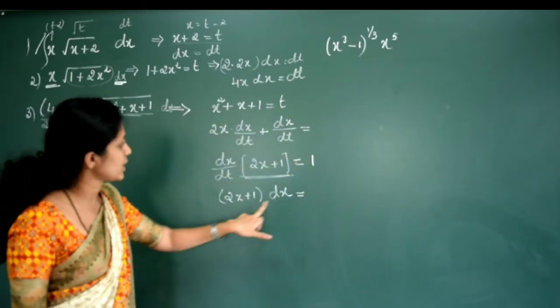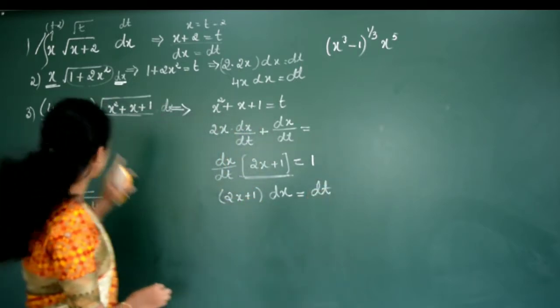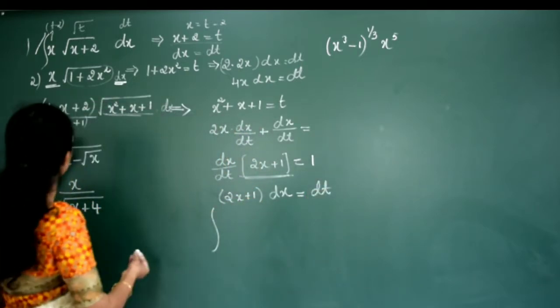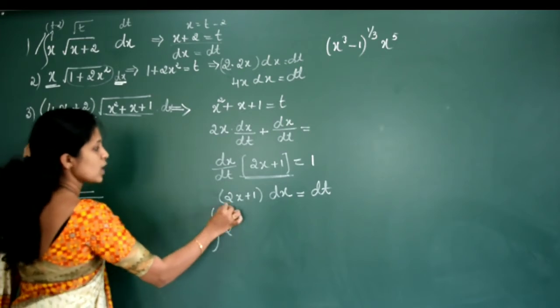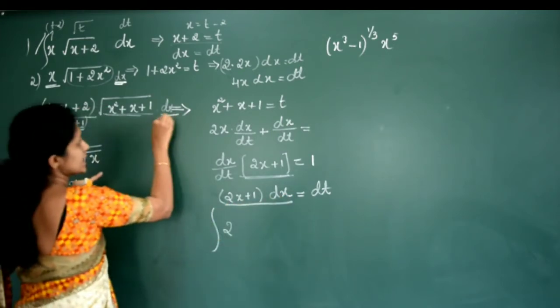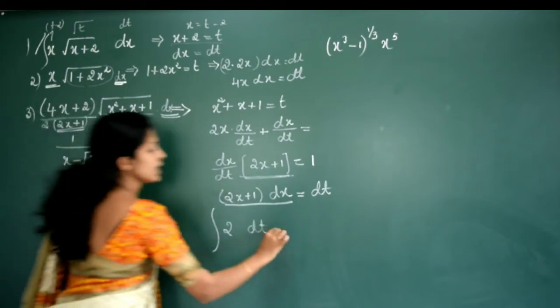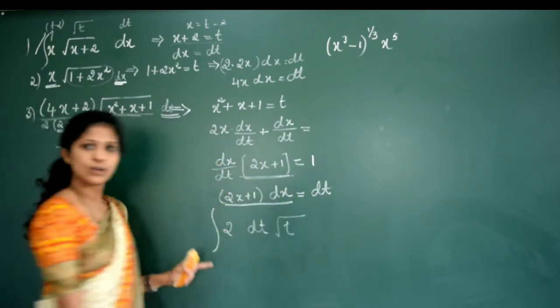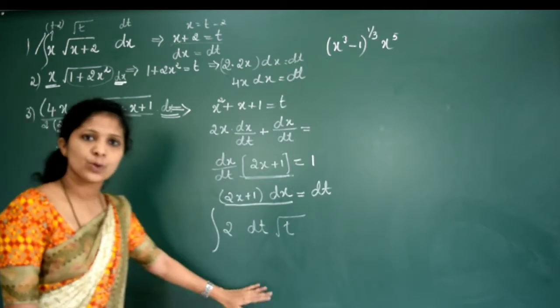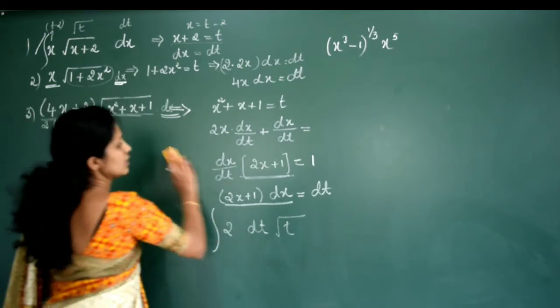So 2x plus 1 into dx is equal to dt. Now that will be reduced to: integration of 2 is a constant as it is, 2x plus 1 into dx will be equal to dt, into this will be root t. Now you can integrate. Finally, don't forget to write plus c constant. Okay, complete this also.